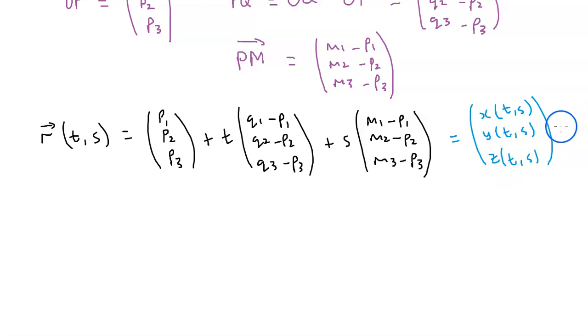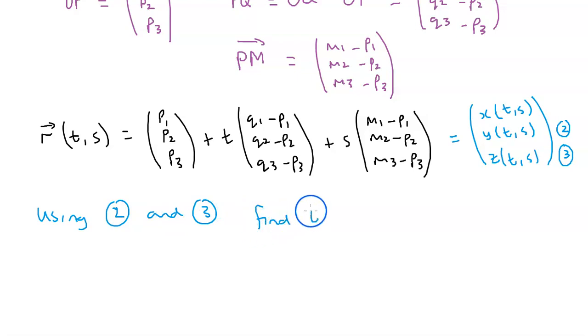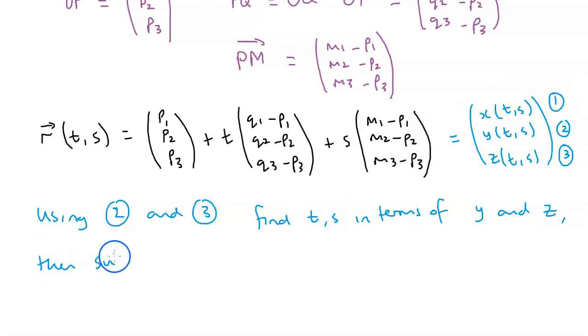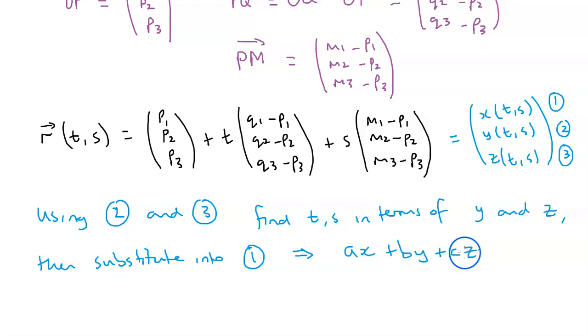So, using equations 2 and 3, you can find t and s in terms of y and z, and then substitute into 1, and that will give you an equation of the form ax plus by plus cz equals d. Although I do admit it's a bit of a nightmare with all these letters flying around.